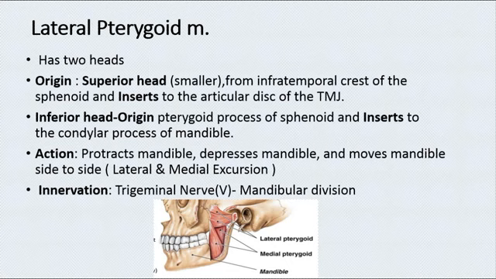The inferior head, which is much larger, as you can see here, originates from the pterygoid process of the sphenoid bone and inserts to the condylar process of the mandible. The action is protraction of the mandible, depression, and moving the mandible side to side, the lateral and medial excursion, as we said before. Innervation is again the same, the trigeminal nerve, the mandibular division of it.